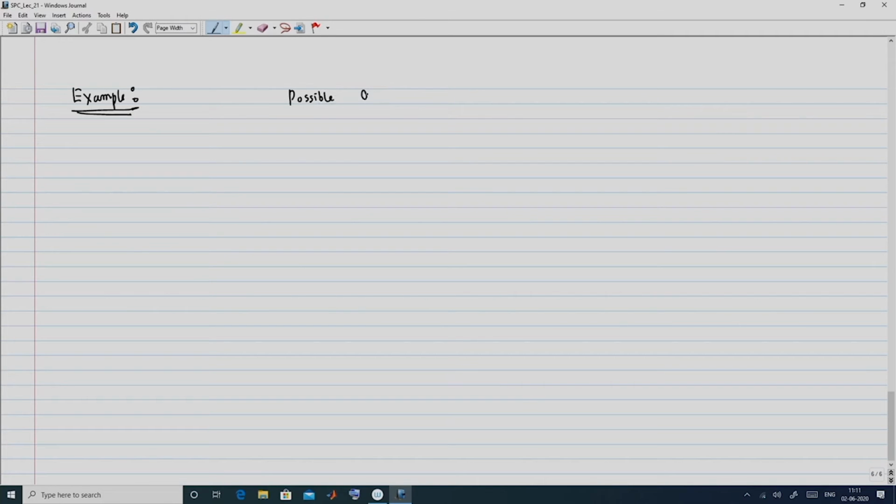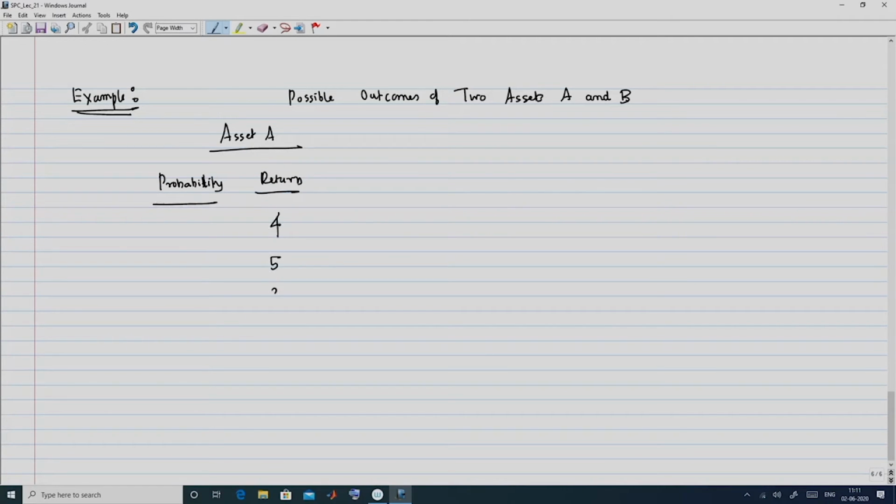We consider this example of possible outcomes of two assets, A and B. First we enumerate the distribution of returns of asset A. Asset A takes the returns of 4, 5 and 8 with respective probabilities of 1/4, 1/2 and 1/4. Similarly, asset B takes the returns 3, 4, 6 and 7 with probability 1/4 in each case.